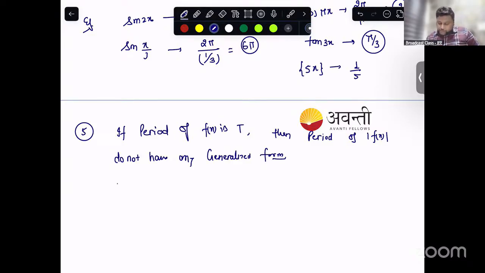Like if I ask you the period of mod sin x, this is the graph of mod sin x.